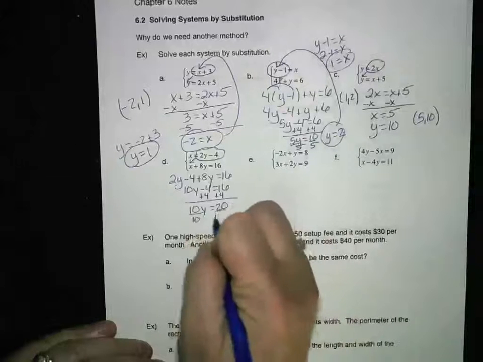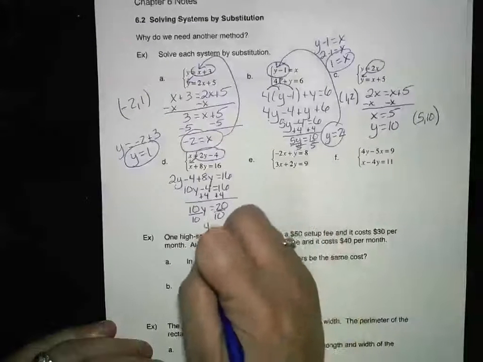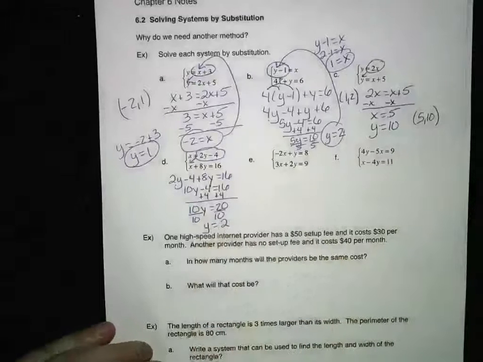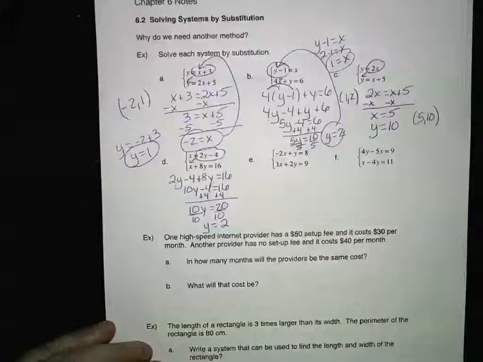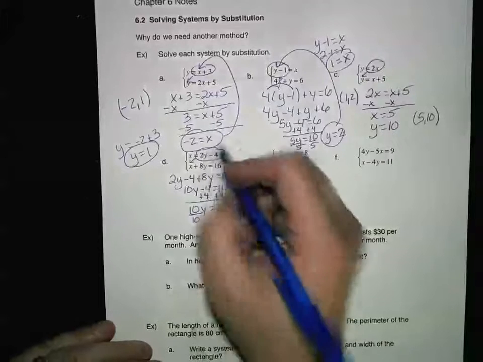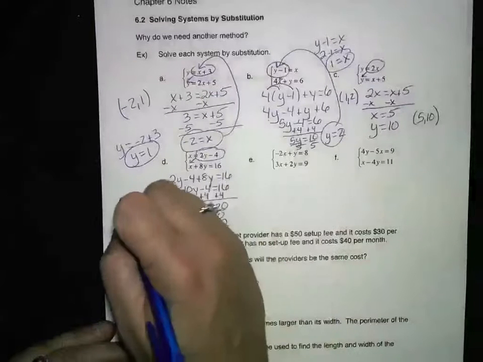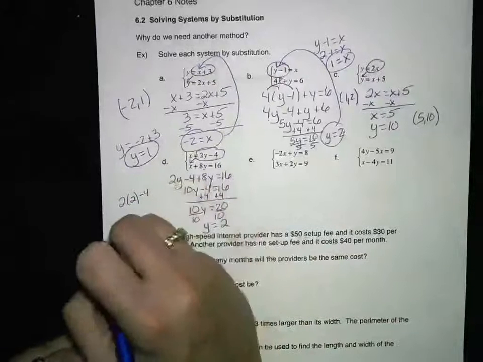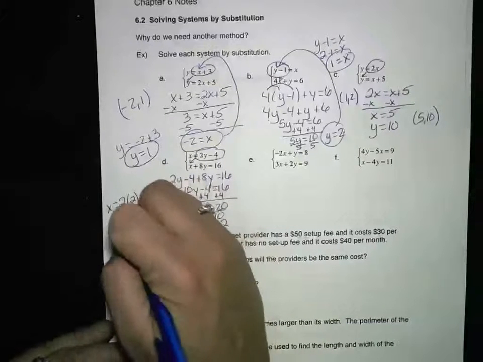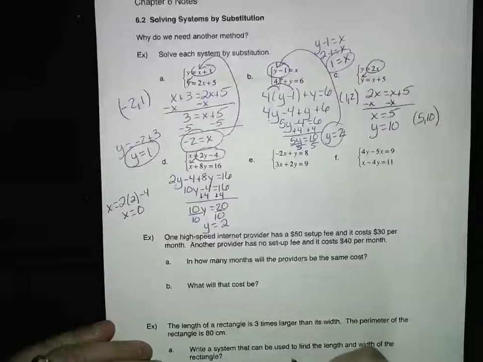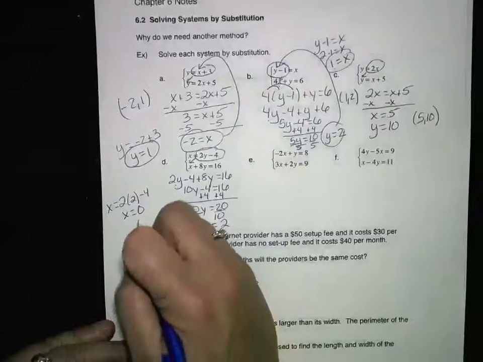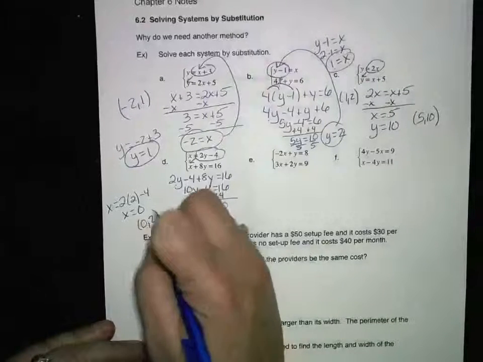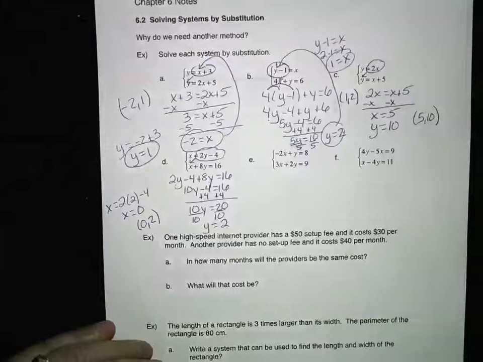And dividing both sides by 10, y equals 2. You can substitute that into either one. I'm going to pick this first one. 2 times 2 is 4, minus 4 is 0. So x equals 0, and then your ordered pair would be 0, 2.